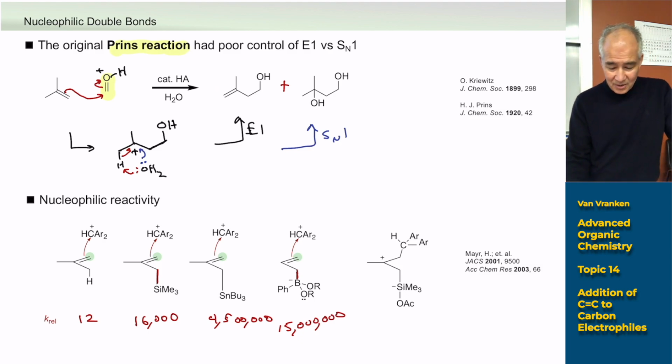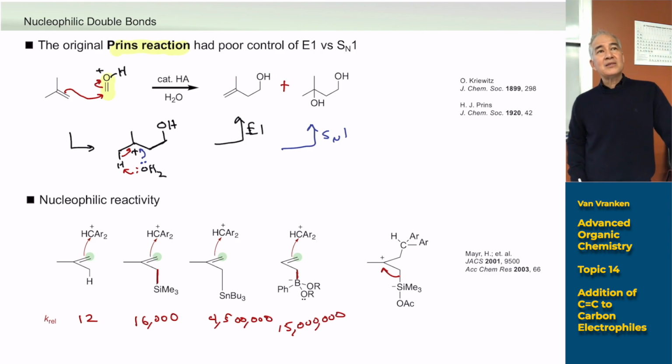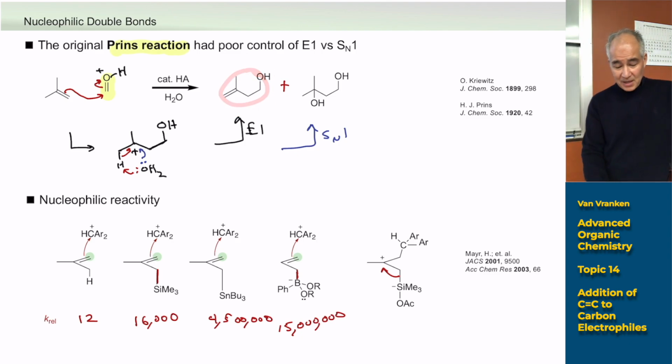But that's not going to stay on there. Because when you go through these mechanisms, the silicon and the boron and the tin don't stay. You end up pushing those groups out to make alkenes just like this. You would never know that that silicon or that tin was there because they disappear in the end.